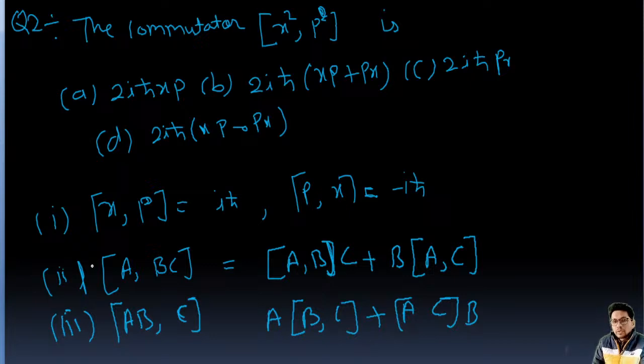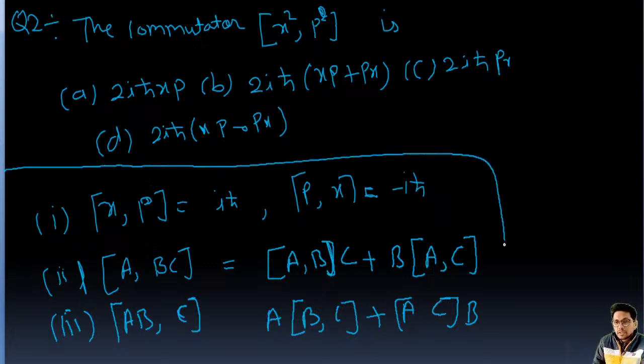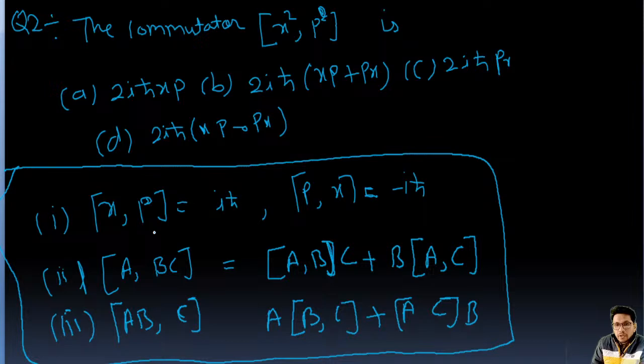So these three properties you should know, and then you can easily solve this question. So the value of xp is i h cut, and similarly how to open commutators of abc.